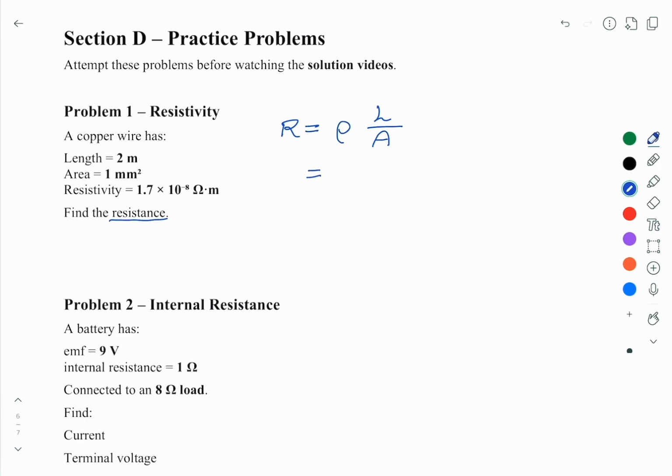Now you substitute 1.7 times 10 to the minus 8, the length is 2 meters, and the area, remember, is 1 times 10 to the minus 6 meter squared. Incidentally, the unit of resistivity is ohm meter. So you will get 0.034 ohm.